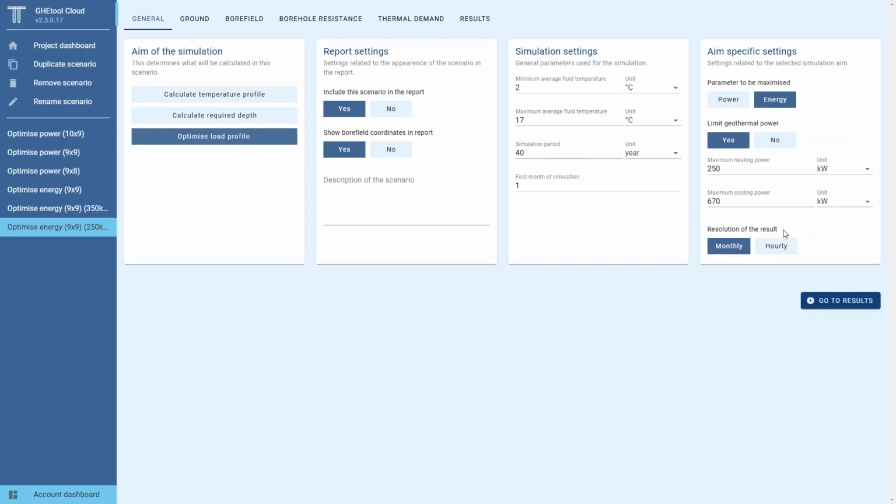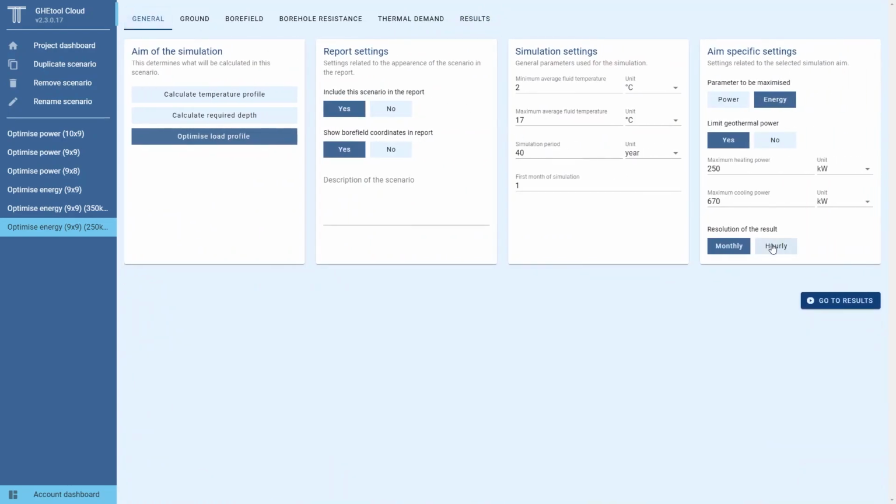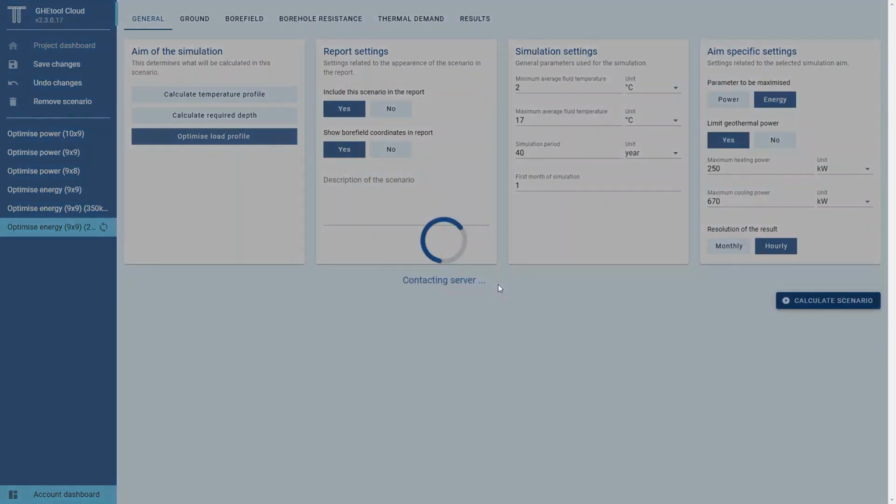I just want to mention one last thing, and that's that you have here the option to have a higher resolution. So now the results you got were on a monthly basis. If you switch it to an hourly profile, it will give you an hourly temperature profile in the end.